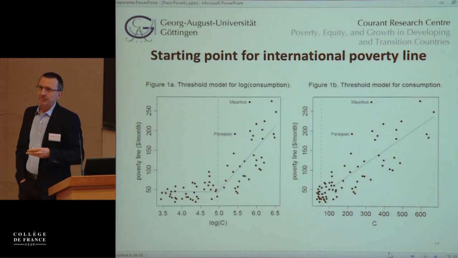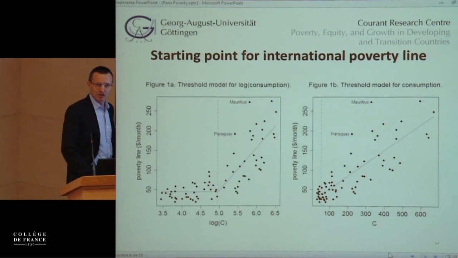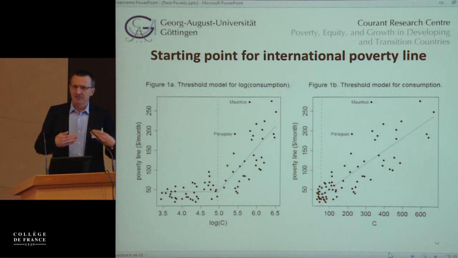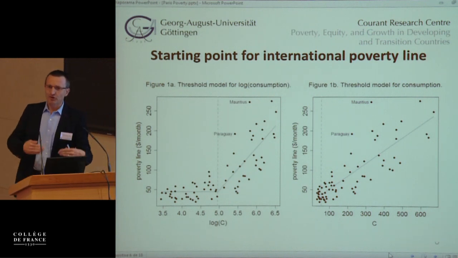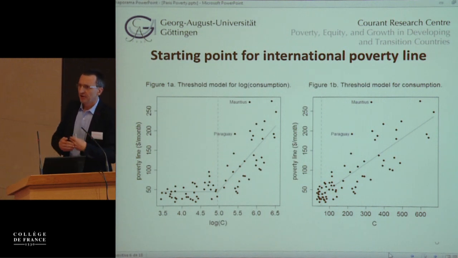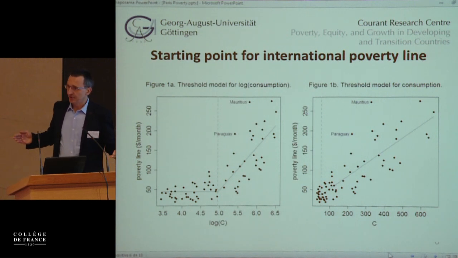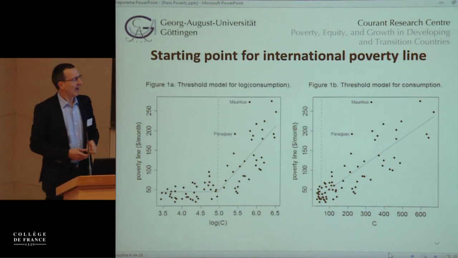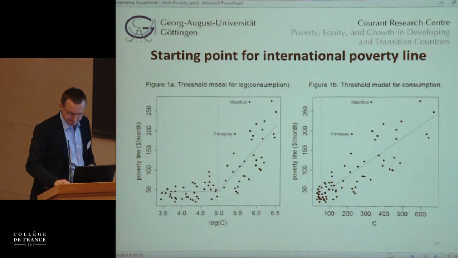The belief is that national policymakers are saying there is a certain minimum that you need to achieve, and that minimum is the same for most poor countries. Only when you get richer do you want to have a higher poverty line.